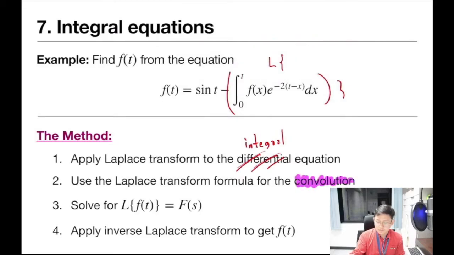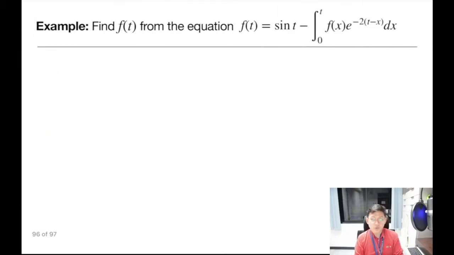If you remember, the Laplace transform of the integral can be done using the convolution. Then we solve for F(s), the Laplace transform of f(t), and then we take the inverse Laplace transform, so we get little f(t). That's it.